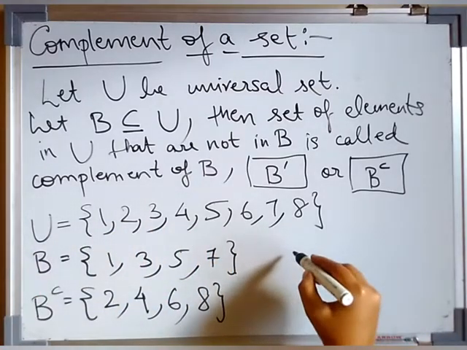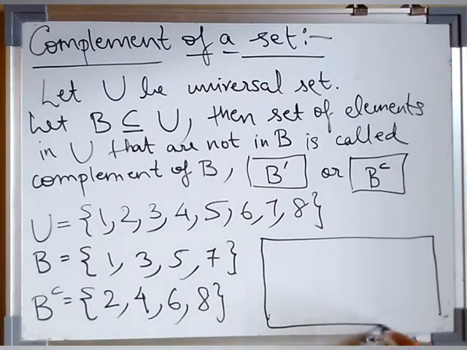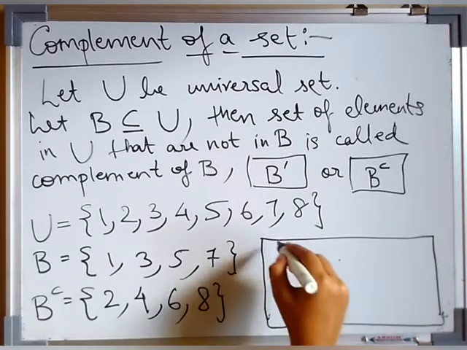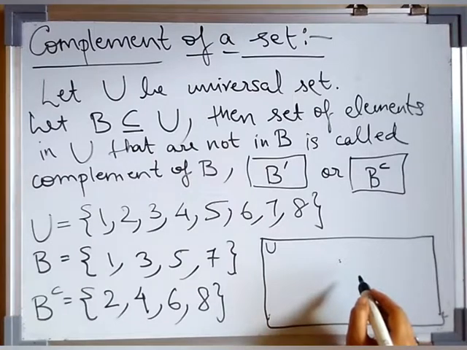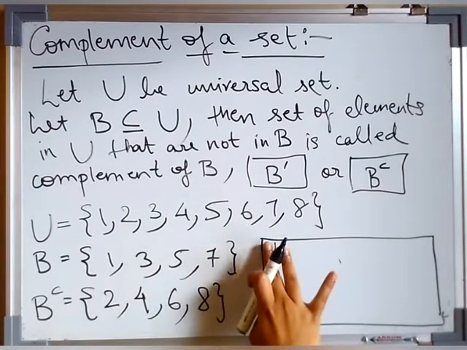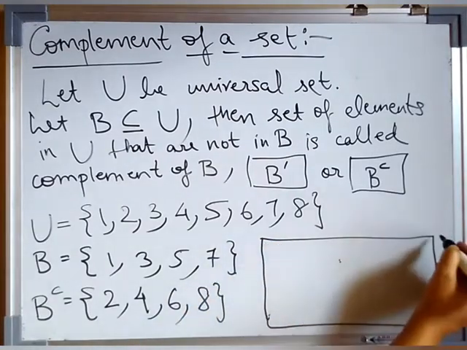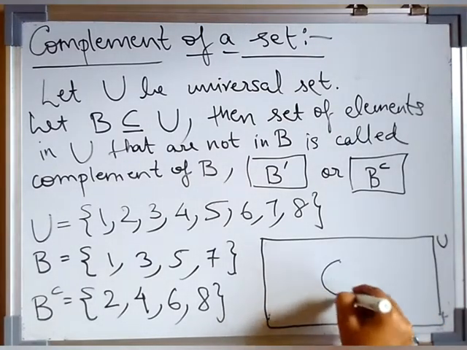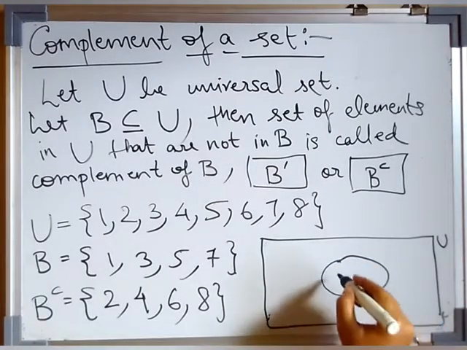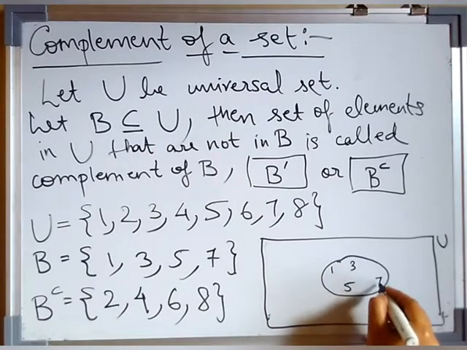Now how do I represent it using a Venn diagram? This is my set U. I will write it outside, because I will require this space to write. This is my set B, which is a subset of U, which has 1, 3, 5 and 7.